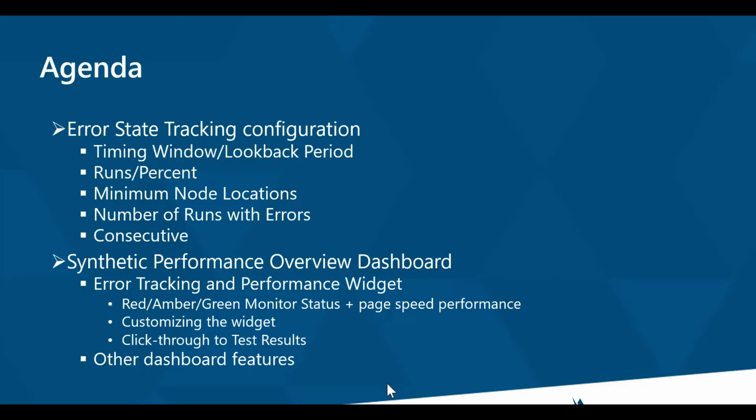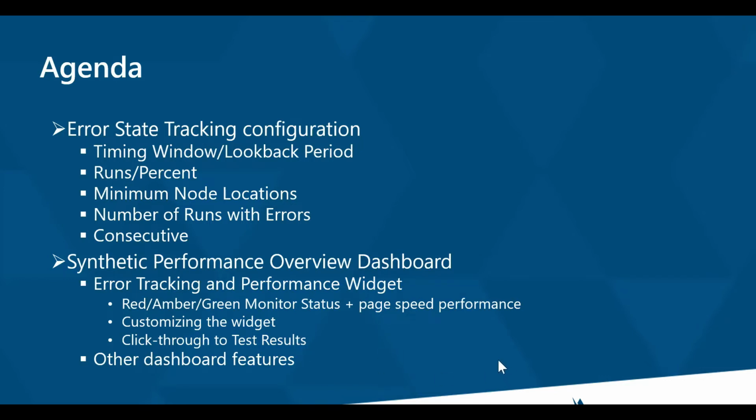And then another really nice feature is you can actually click on the status and performance bar and drill into the individual test results during that time period. There are some other dashboard features that are pretty nice, and I'll be mentioning those as well. But overall, these are the things we're going to be focusing on today.